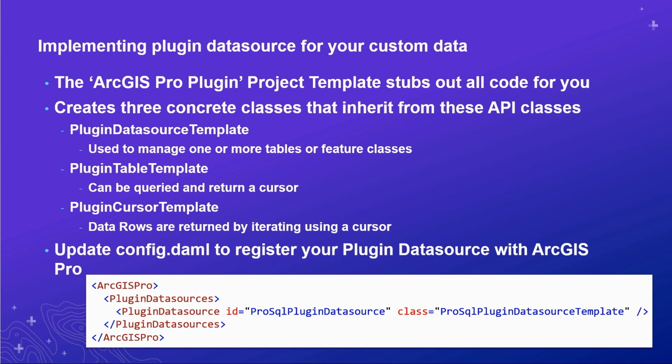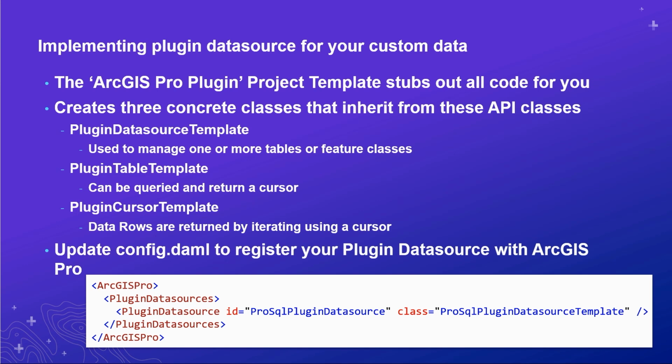And these API classes used for the plugin data source are the plugin data source template, which is used to manage one or more tables or feature classes, the plugin table template, which can be queried and returns a cursor, and the plugin cursor template, where data rows are returned by iterating using that cursor.